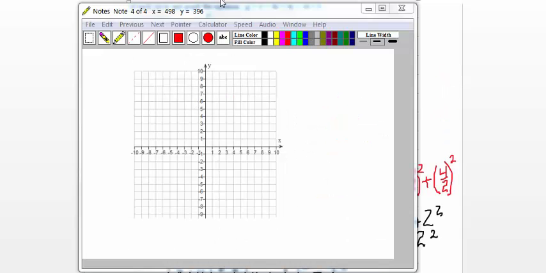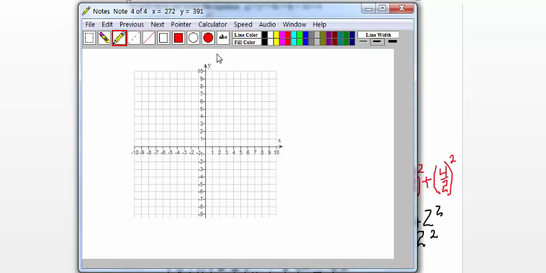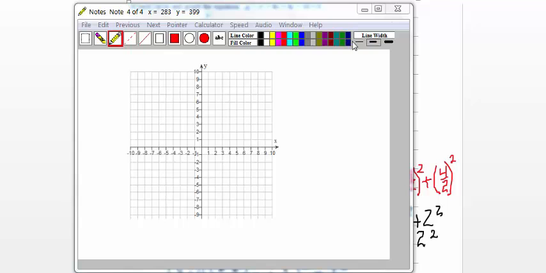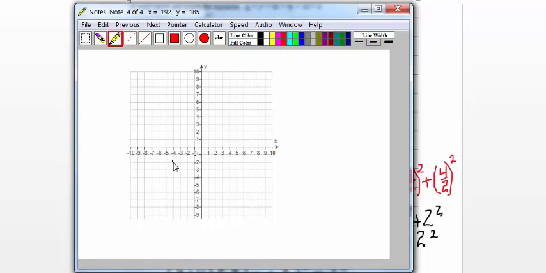Okay, so I'm going to go in and plot my center of negative 4, negative 2. So starting at the origin, negative 4 tells me to move 4 units left. The y value of negative 2 tells me from that location move 2 units down. So my center is right here.